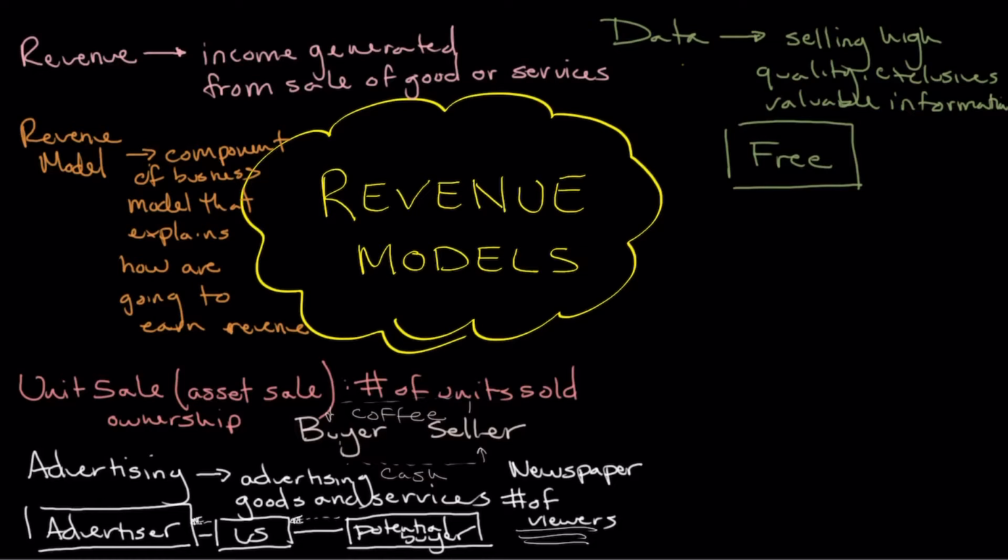And so you get a lot of people that are viewers and want to use the free services. Then Facebook can do a couple of things. One, it's able to utilize this advertising revenue model, which it certainly does. As you're scrolling through your feed, you'll see advertisements, and that's a way that Facebook earns money because it charges those businesses to sponsor those posts or to run those advertisements.